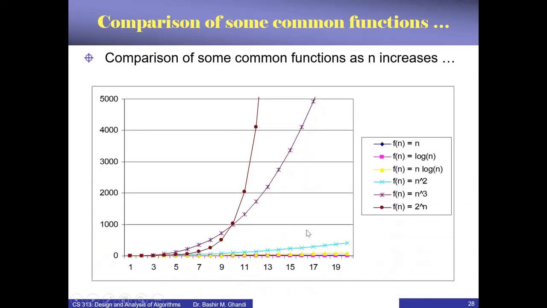Even for n equal to 15, for example, or around 20, you can see that the exponential now is really going much faster than n cubed. The brown here is the exponential. So the point is, for these different classes, don't be surprised that one of them is growing slower initially, but as you increase the value of n, it outgrows the others.